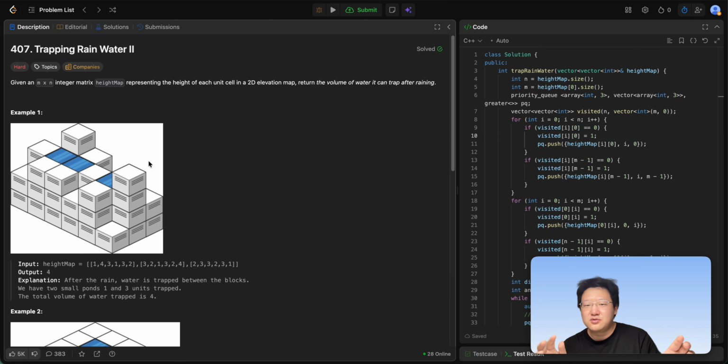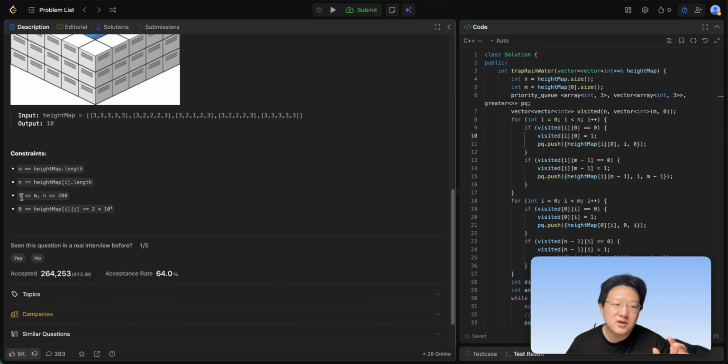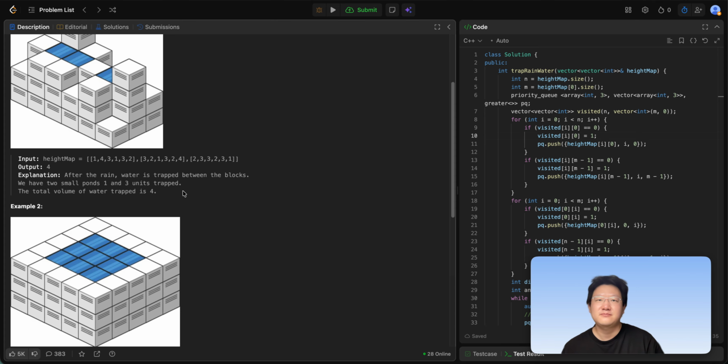So the final time complexity is big O of (n times m) squared, with n and m up to 200. Yeah, 200. That's 1.6 billion operations. Way too slow. So I didn't bother coding it and moved on.